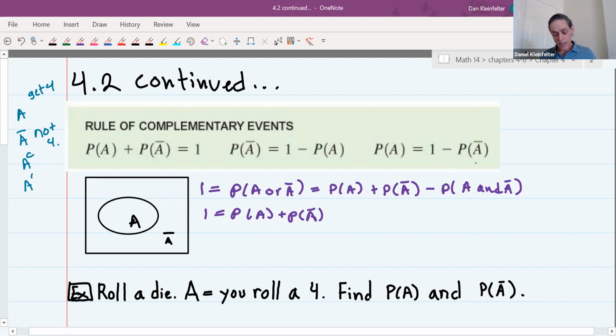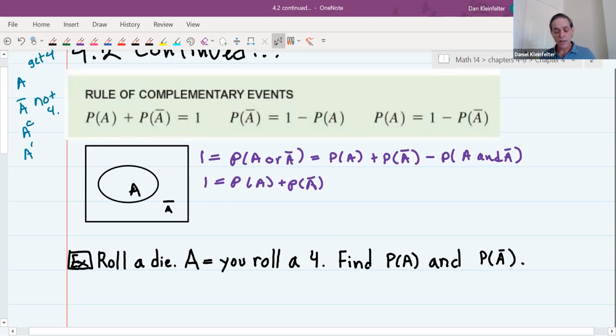So to see where this comes from, we're going to use our rule for one event or another, which is the addition rule. So looking at the left side, the probability of A or A complement occurring. Remember that A and A complement are basically kind of the opposites of one another.